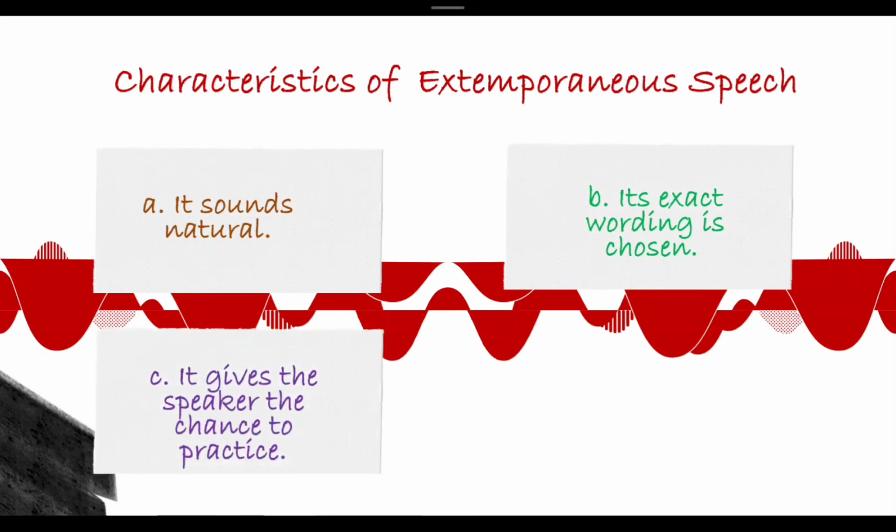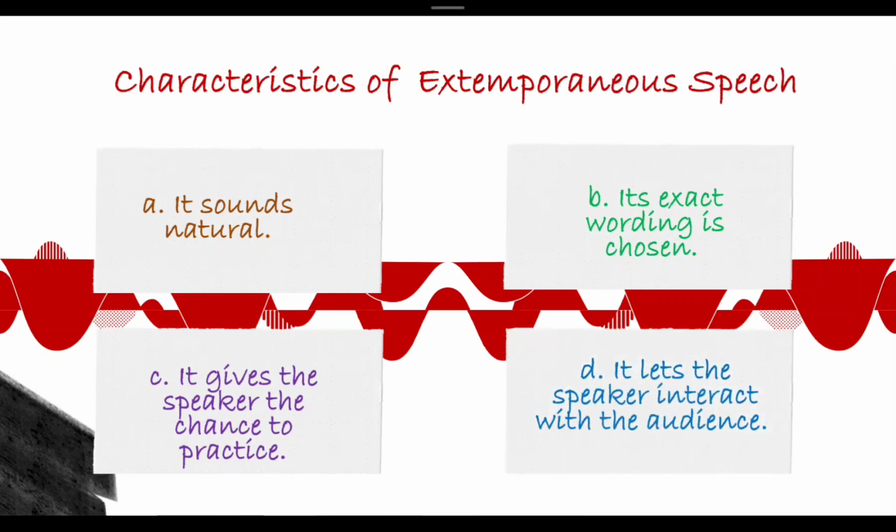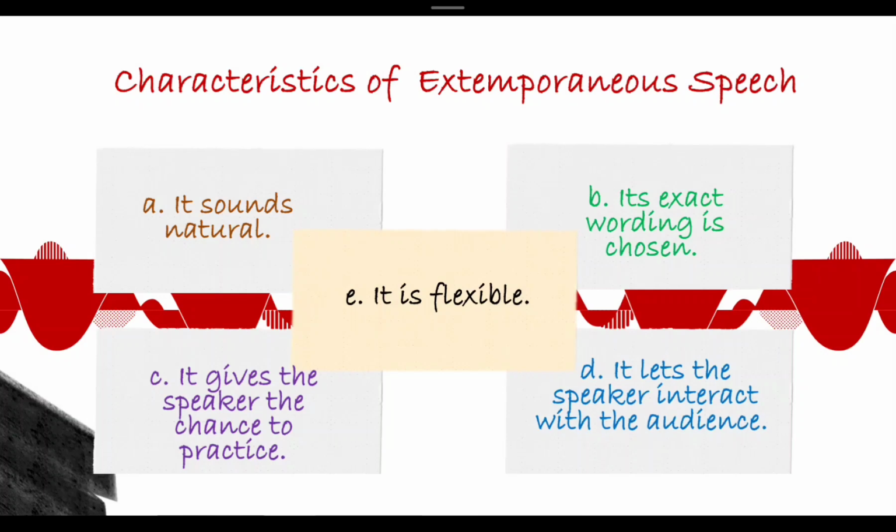Third, it gives the speaker the chance to practice the flow of the speech using the outline or notes. Fourth, it lets the speaker freely engage and interact with the audience. Fifth, it is flexible. It offers greater spontaneity, as the speaker may adapt to the situation, gauge the reaction of the audience, and elaborate, explain, or restate ideas as needed.